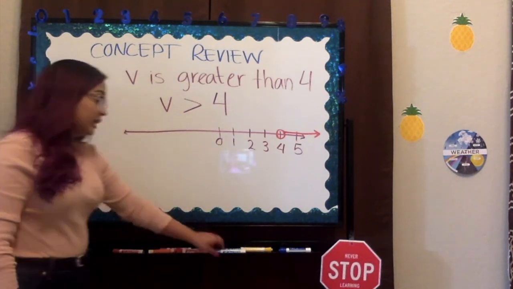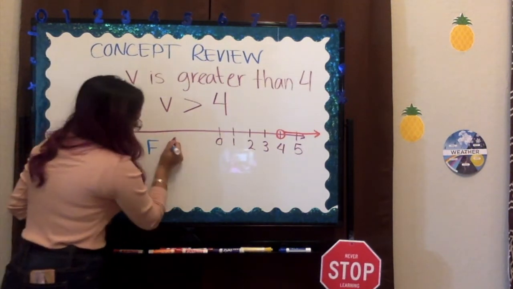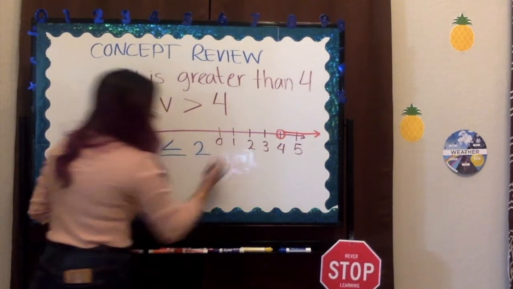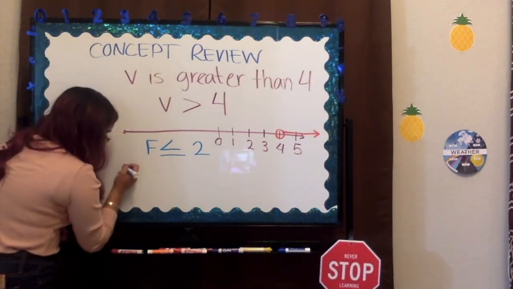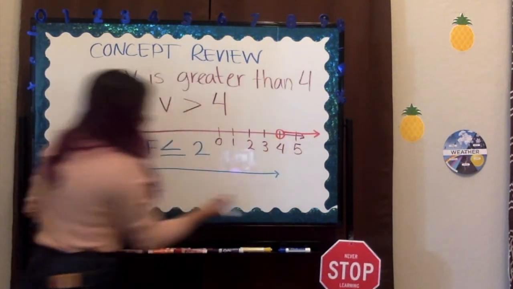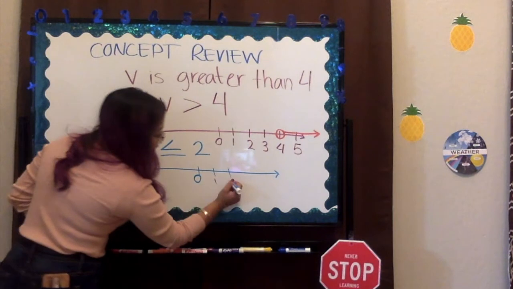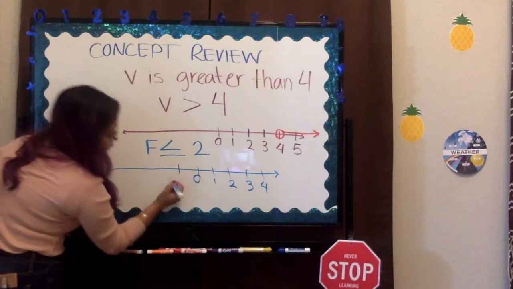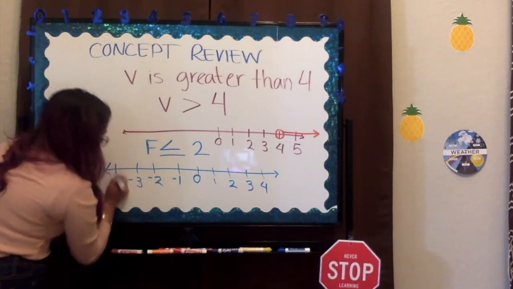Okay? Let's go into another example. Let's say we have f is less than or equal to 2. Now, to graph this one, we're going to start off the same way, drawing our number line. We have our 0, 1, 2, 3, 4, and let's go on to our negatives, -1, -2, -3, and -4.